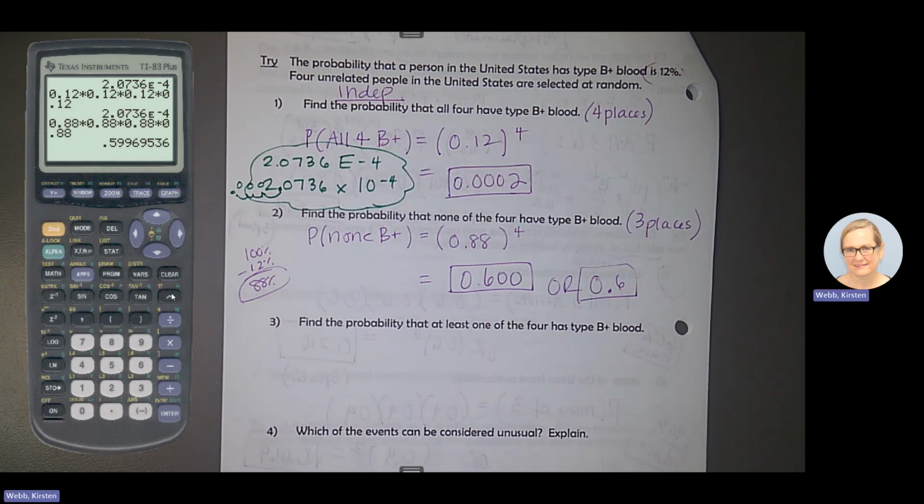Now that we've got the probability of none, it'd be real easy to find the probability that at least one of the 4 has type B positive.